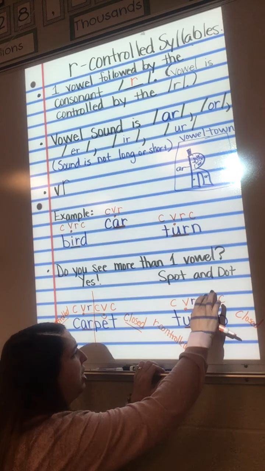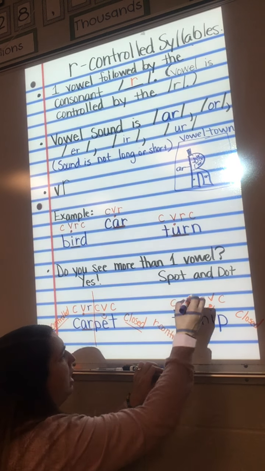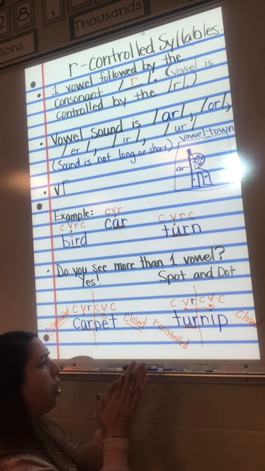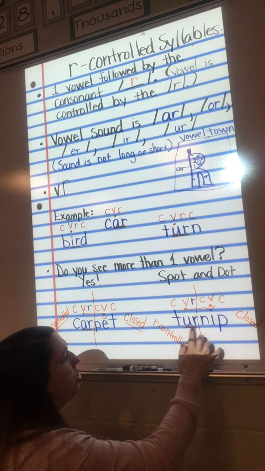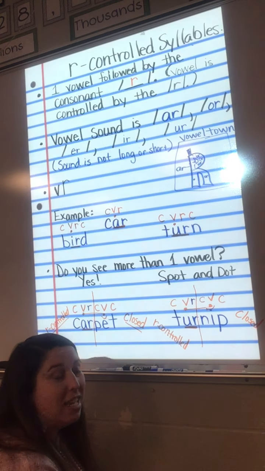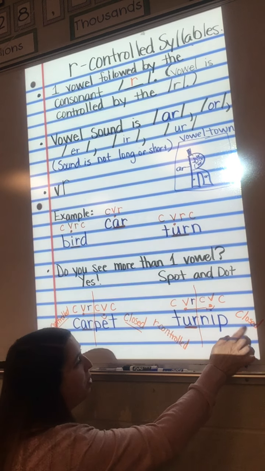Wonder if I change it. Because I don't think you say turn and then ip. I think it's tur-nip. Let's try it. Ready? Turnip. Blend it together. Turnip. How many syllables? 2.